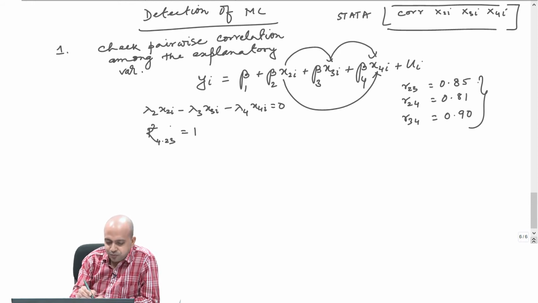But if you write this formula, what is R square 4.23 actually?